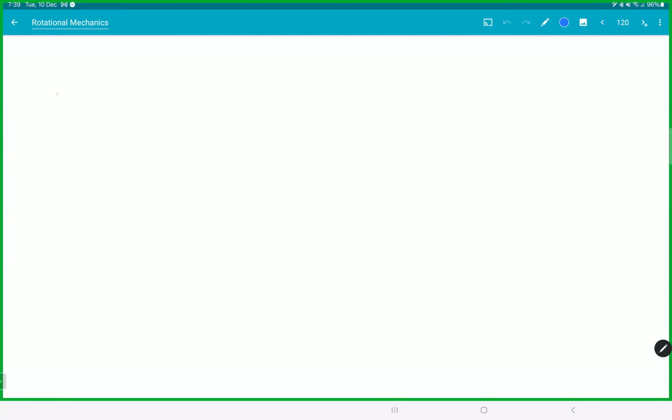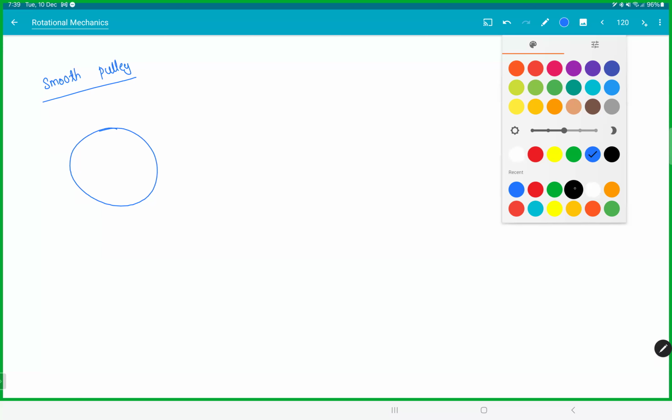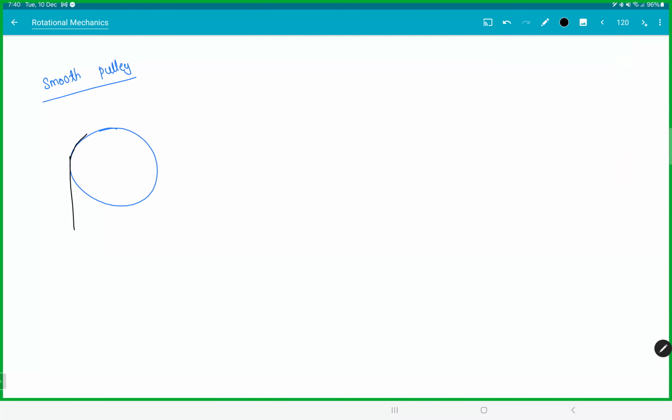So in NLM, when you took smooth pulleys and when you took a rope, if I consider this point as A and this point as B, the pulley never rotated. So after some time, what would have happened?